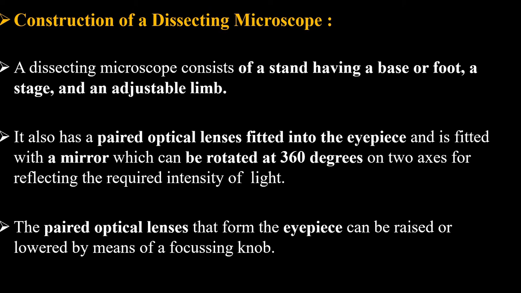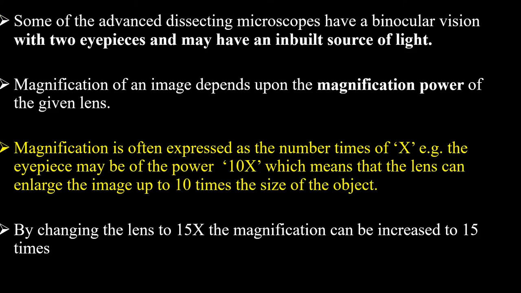The paired optical lenses that form the eyepiece can be raised or lowered by means of a focusing knob. Some of the advanced dissecting microscopes have binocular vision with two eyepieces and may have an inbuilt source of light.